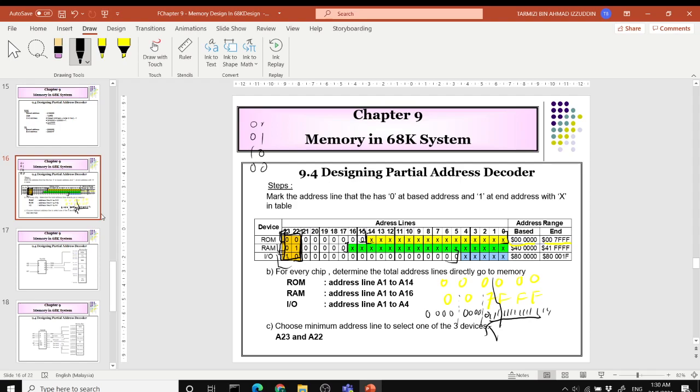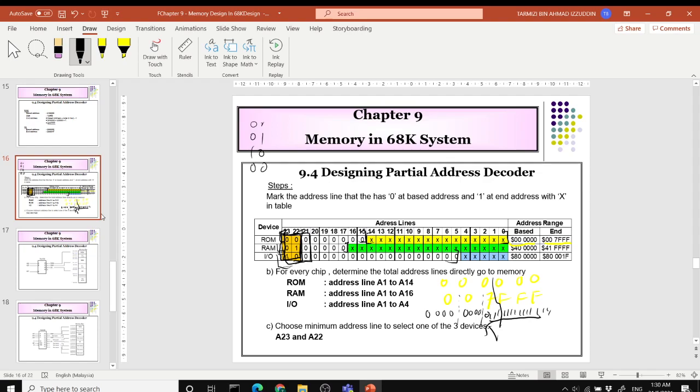How about if you have, let's say, 5 devices? With 2 bits, you can have a maximum of 4 devices, whereas with 3 bits you can have a maximum of 8 devices.